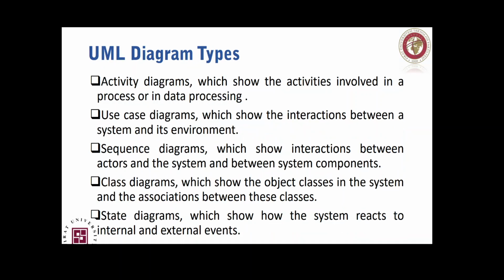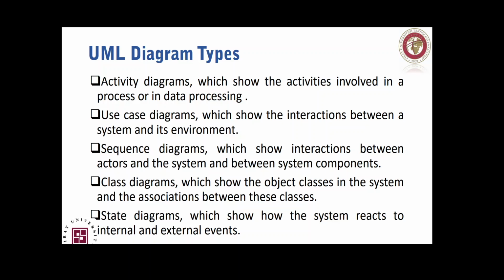UML diagrams, up until now you have already seen UML and you studied it in Algorithm and Programming 1 and 2. But the idea of UML diagram types is much more complicated than what we have seen in Algorithm and Programming. We addressed just the class diagrams, just one of them.